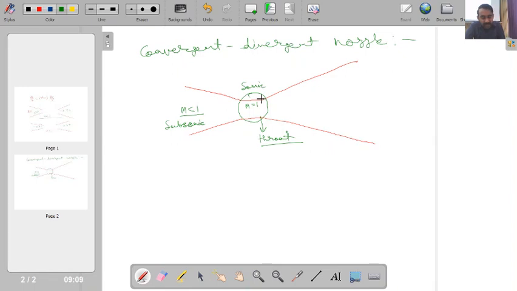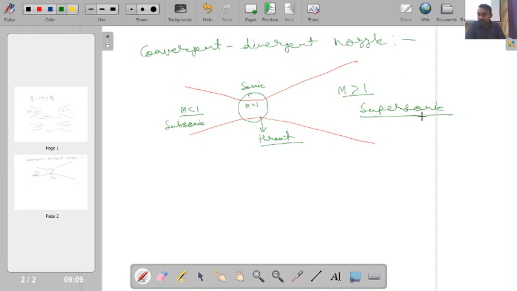Once I have this sonic situation, if I have increasing area, then I will have further acceleration in the flow, and I will have Mach number greater than 1, resulting in a supersonic flow situation. So in a single convergent divergent nozzle, if I start with a subsonic flow situation, I can reach a supersonic situation.